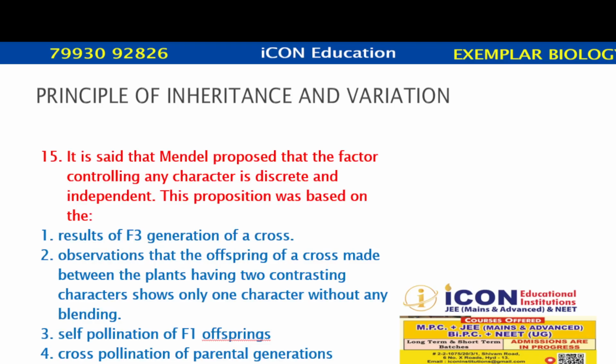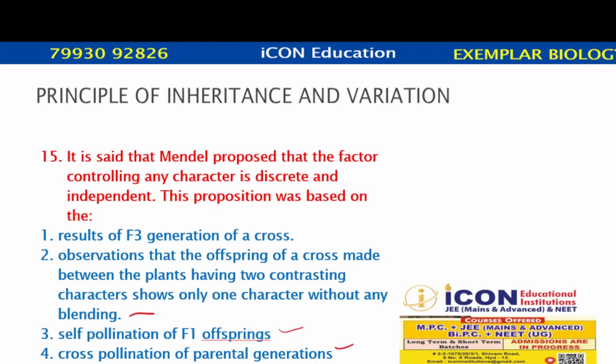It is said that Mendel proposed that the factor controlling any character is discrete and independent. This proposition was based on the results of the F3 generation of a cross: observations that the offspring of a cross made between plants having two contrasting characters shows only one character without any blending, self-pollination of F1 offspring, cross-pollination of parental generation.